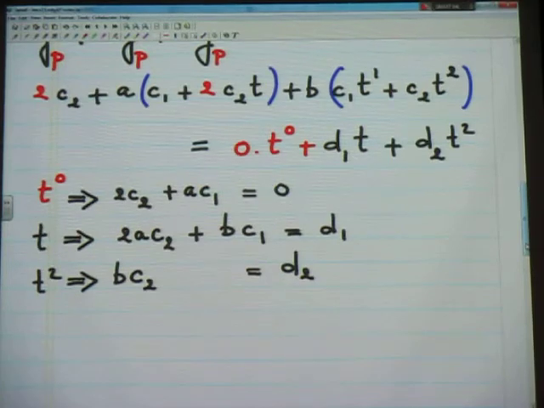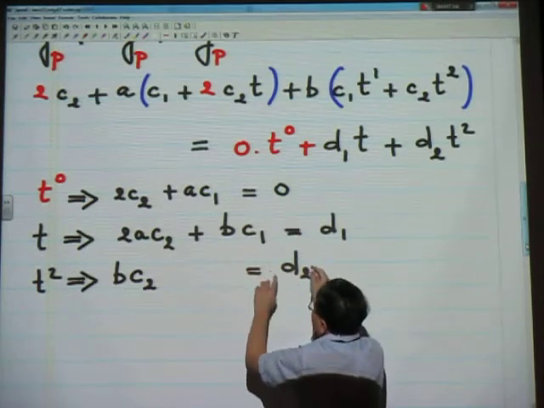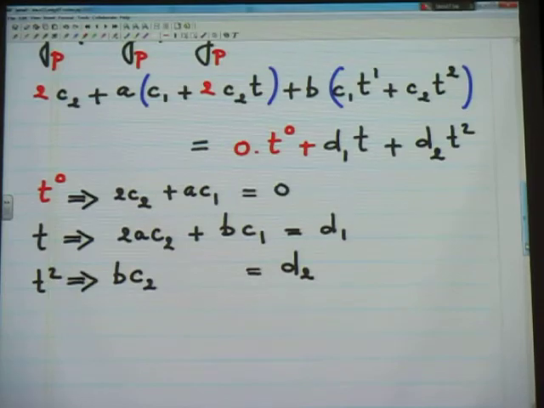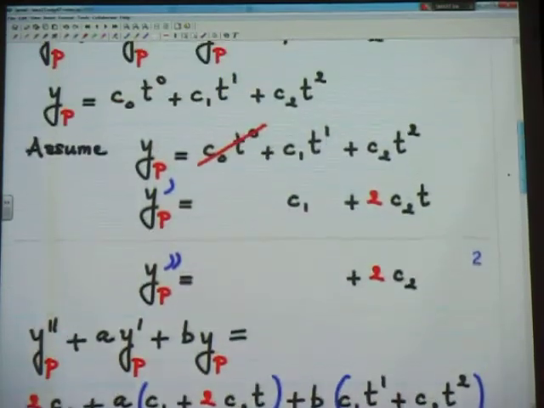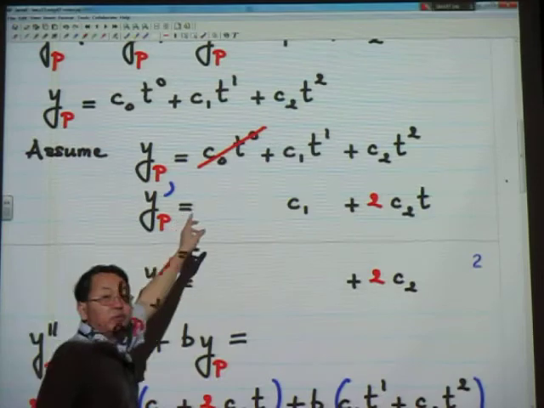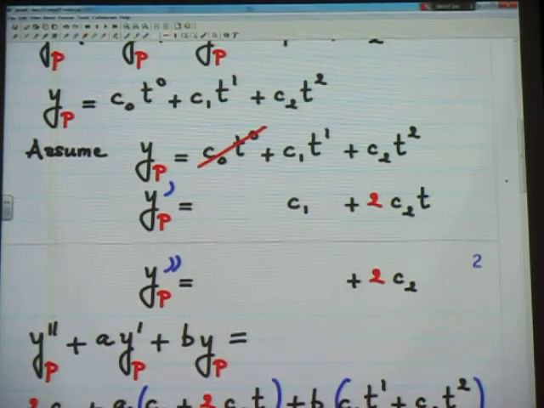For example, you can take the first 2 equations to solve for C1 and C2, and you will see that the result C2 will not satisfy the third equation. So that's how you justify that if you miss the term with order 0, things will not work out. All right. So that's how you justify.